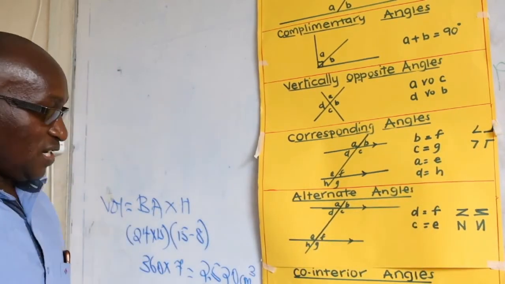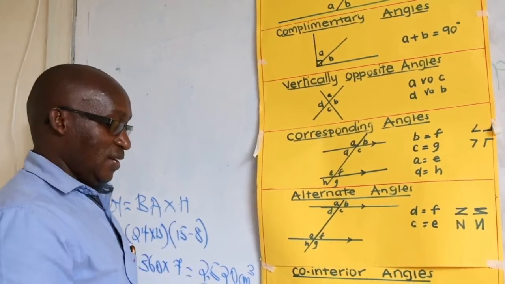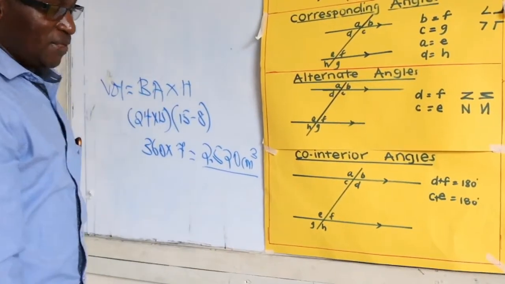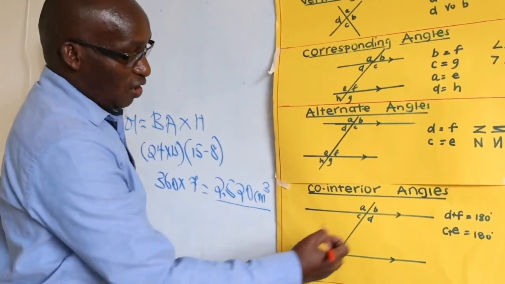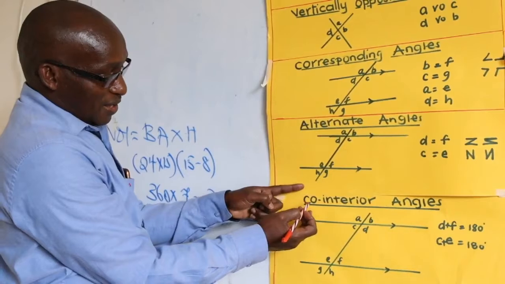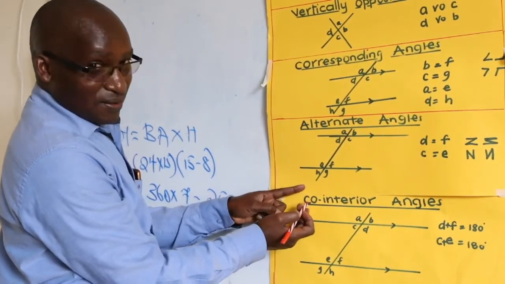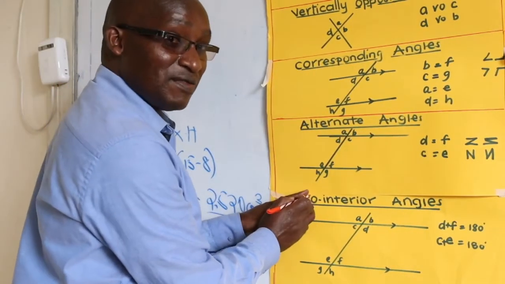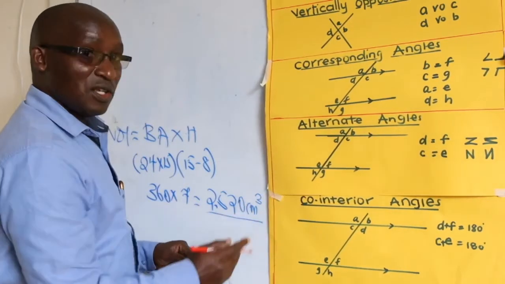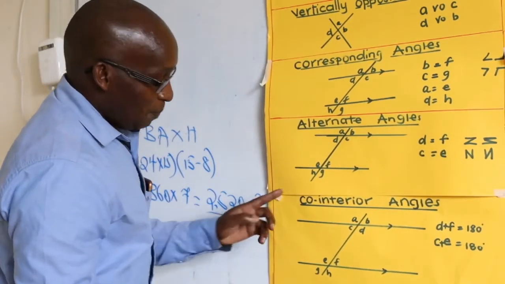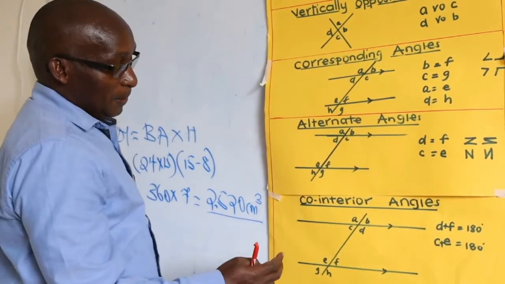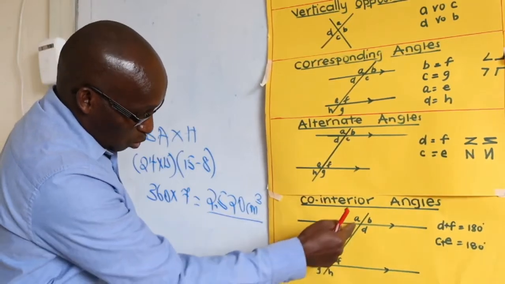We go to co-interior angles, again derived from parallel lines and a transversal. The prefix co means there are two.